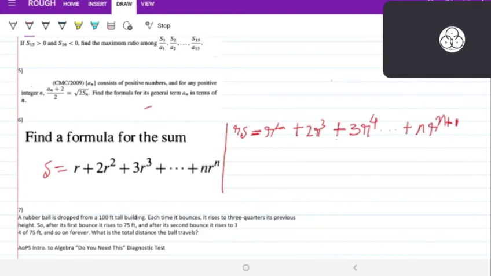Now this is the first equation. This is the second equation. Subtract them, S minus of rS. What will be the benefit? Look at this. This 2, 3, 4 into r to the power 4. These coefficients will become 1, right? Immediately after subtraction.